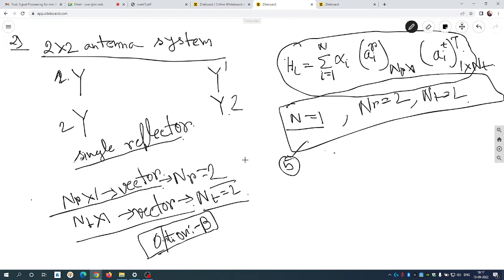And another point here, because this is the channel matrix. Can you guess what the dimension of this channel matrix is for an MR cross MT antenna system?